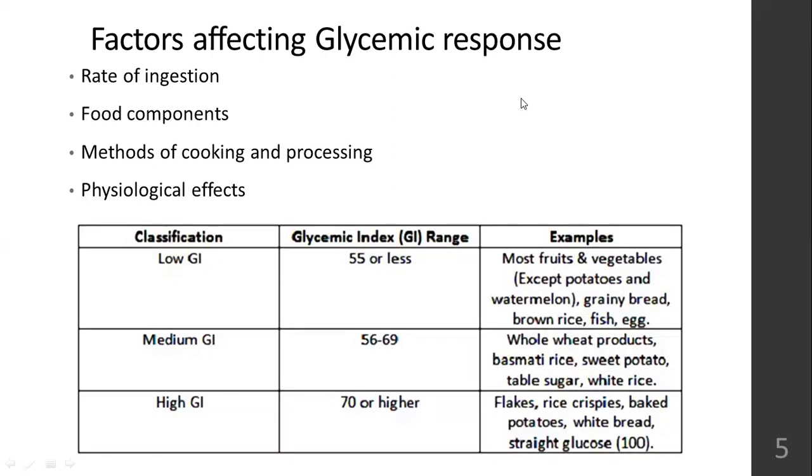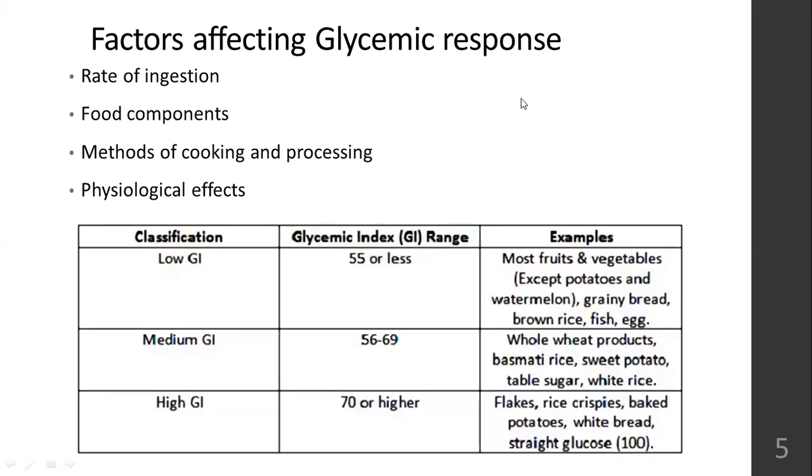Just check for the acetic acid content. If the vinegar has acetic acid, it can lower the blood glucose level of the meal that is yet to come. Lime juice and lemons have citric acid. Citric acid will have a little bit of effect, but not as good as acetic acid.